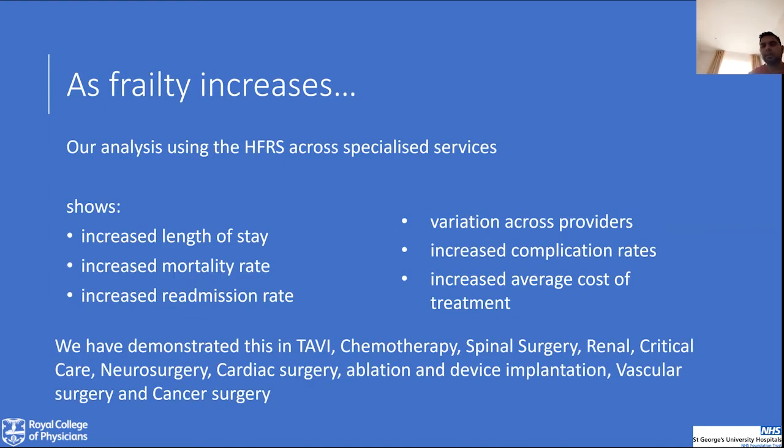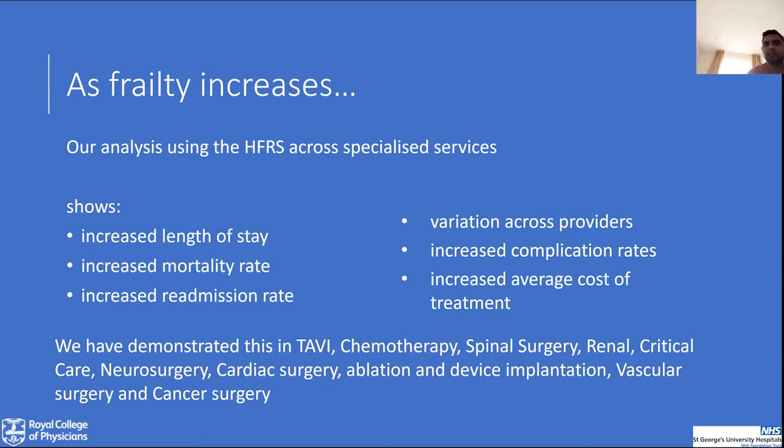As part of the application of this score with NHS England, we applied it to different specialised services, which I've listed on the bottom, which we've written into a paper which should be published in the next few weeks in Age and Ageing.